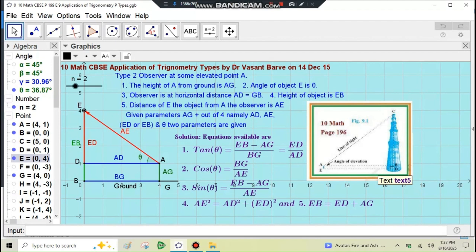A person is viewing this, and maybe he used some instrument. Normally a simple clinometer will do. With the clinometer, the person finds this particular angle of elevation and then measures this distance and finds out the height of this particular tower.